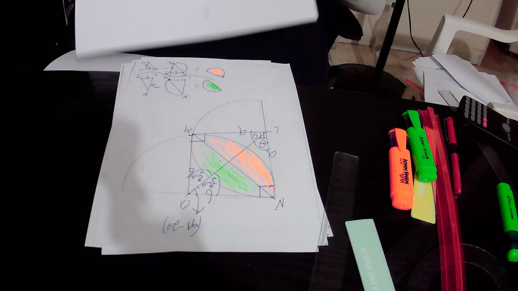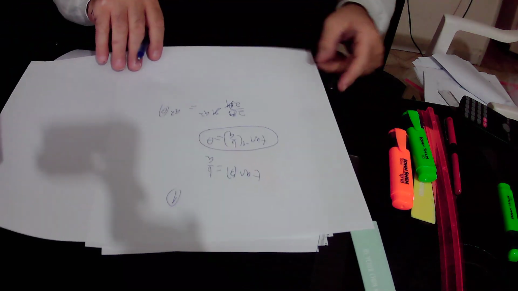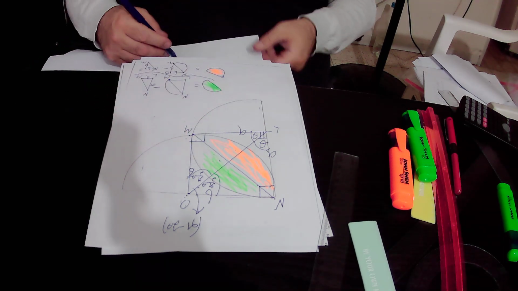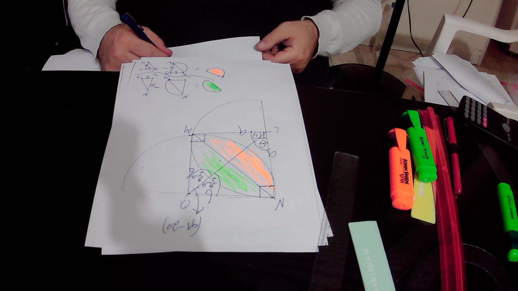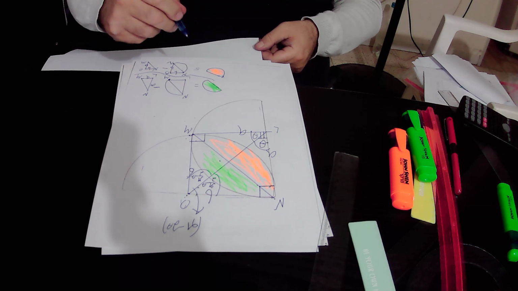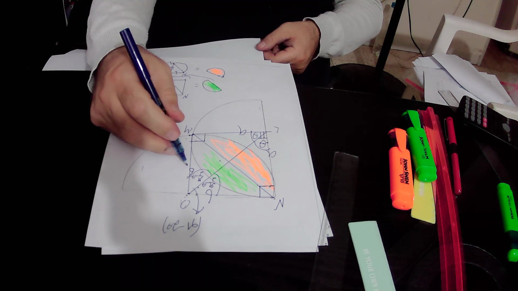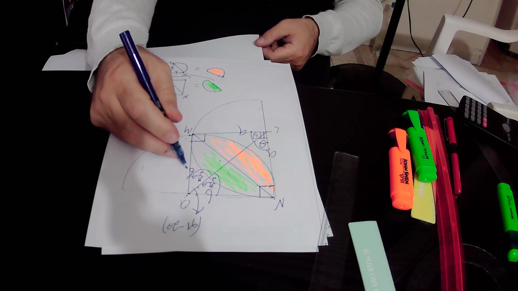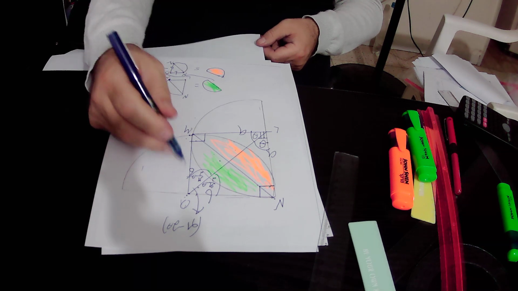And the area of sector NOM will be equal to pi minus 2 theta over 2 pi times pi r squared, and r equals B, so it is pi B squared.